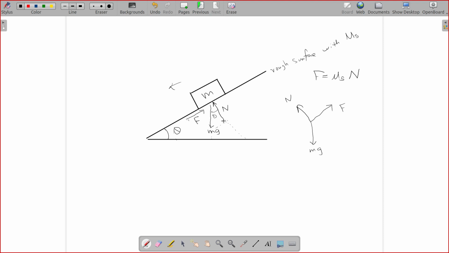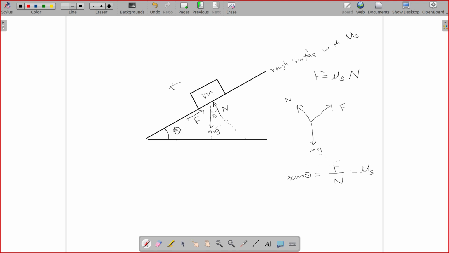So at that point tan theta will be equal to f by n. You can actually see that tan theta will be equal to opposite side by adjacent side, f by n, which is equal to mu s.